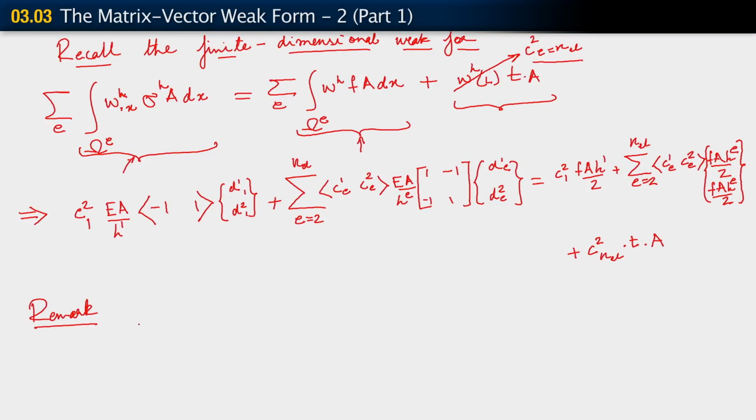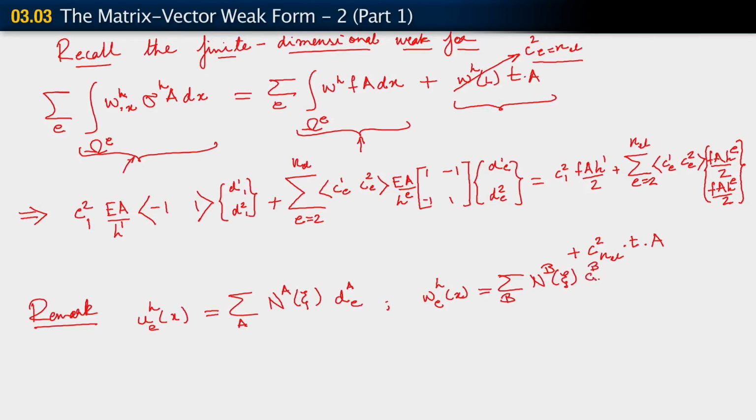This remark goes all the way back to our representation of UH in an element as being the sum of NA, expressed as a function parameterized by XC, times DAE, and also the corresponding representation for the weighting function, sum over B, NB, C, B, E. Of course, it's implied here that X is really X parameterized by XC, and the same thing here and here as well.